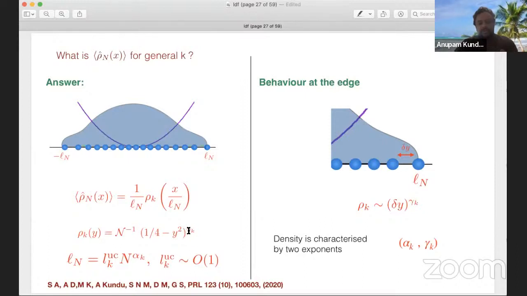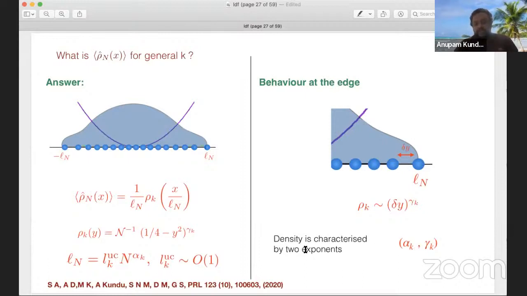Gamma is an exponent which is dependent on k. And L_N scales with N as N to the power alpha_k, where alpha_k is another exponent which also depends on k. And this is a length scale of order 1, which also depends on k, obviously. And this gamma_k characterizes the behavior of the density profile at the edges.